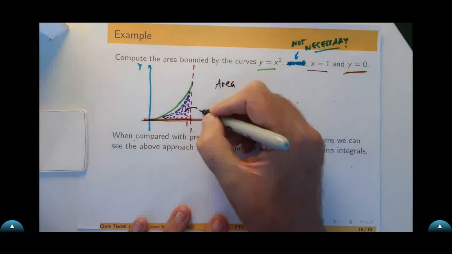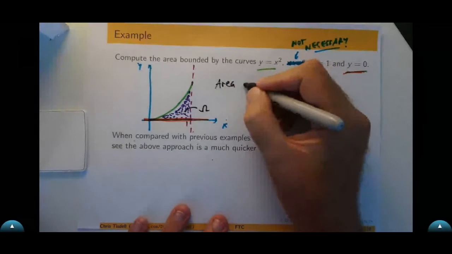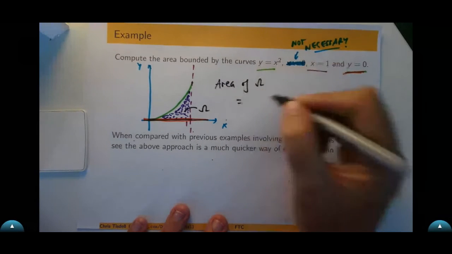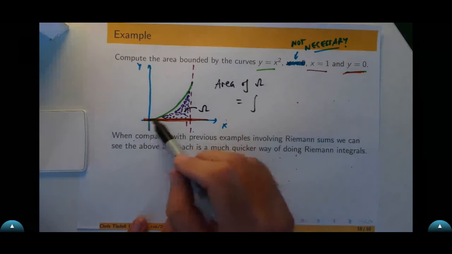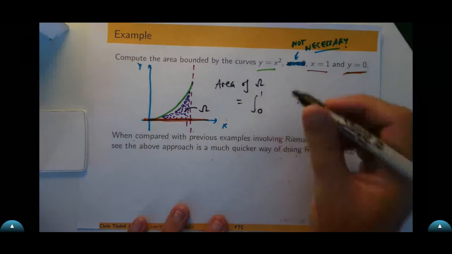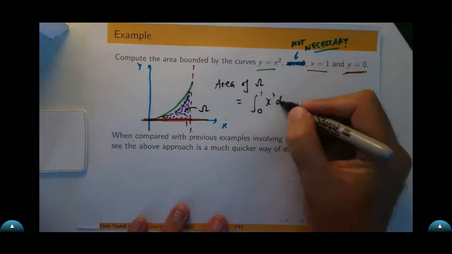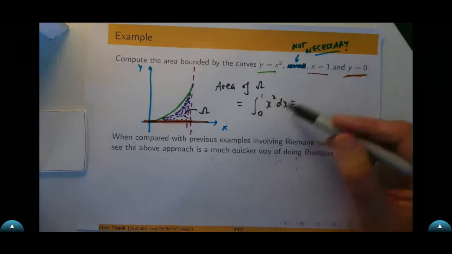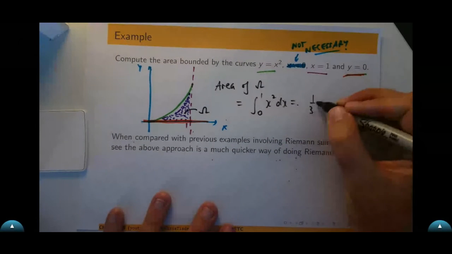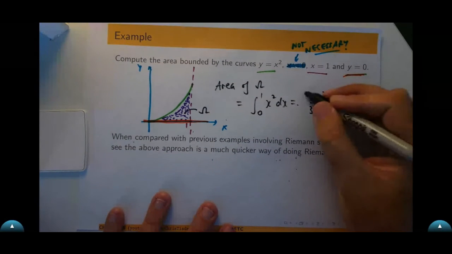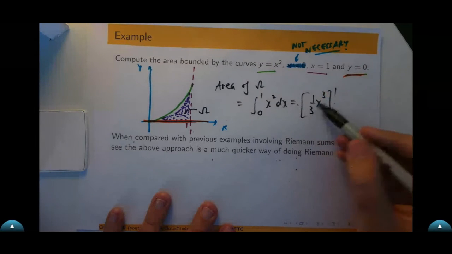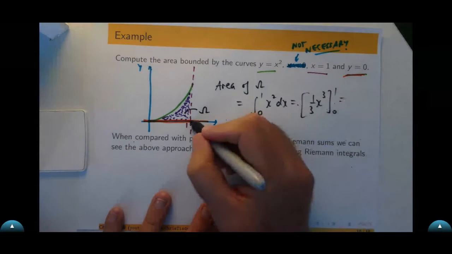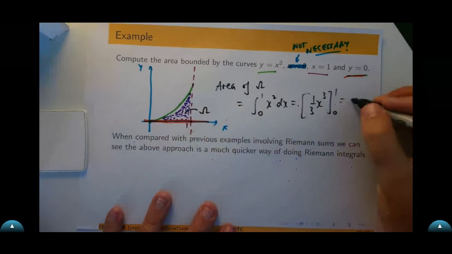So let's call this, I don't know, omega. It's just the integral from 0 to 1 of our function. Okay, and by the second fundamental theorem of calculus, we know we can find an antiderivative and then evaluate it at this point and this point.